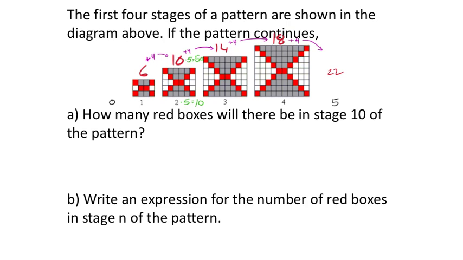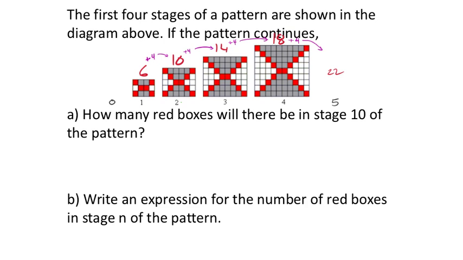The only reason we could scale those is if we had no red boxes in stage 0. One thing that we will want to notice is that we're adding 4 every time, right? So I guess I'm kind of jumping to part B here because maybe it'd be helpful.